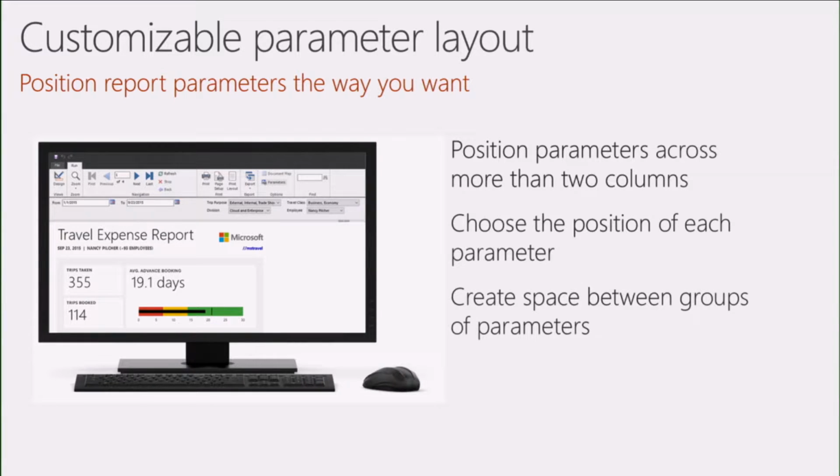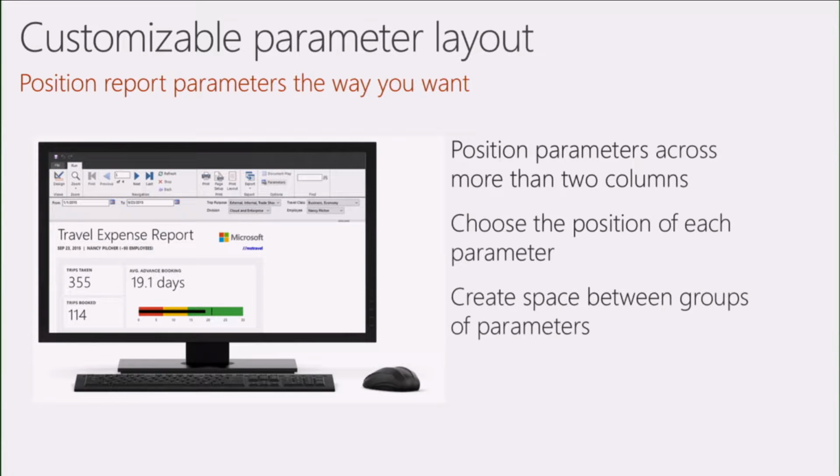Another really big one, if you've ever built a reporting services report, you've probably built one with parameters, and this is just a really highly appreciated thing that pretty much everybody says, oh man, I always had such little control over the layout of the parameters. Again, remember, this is in the whole modernization theme again.